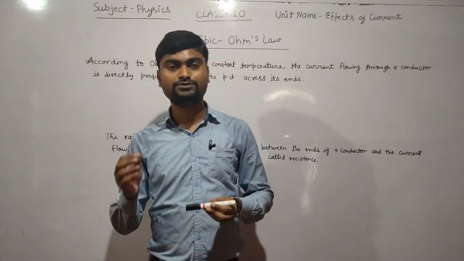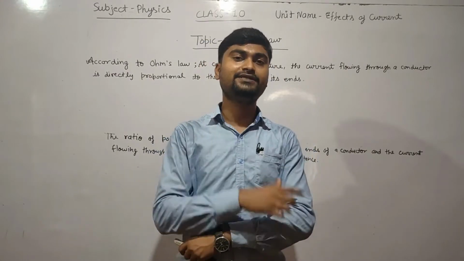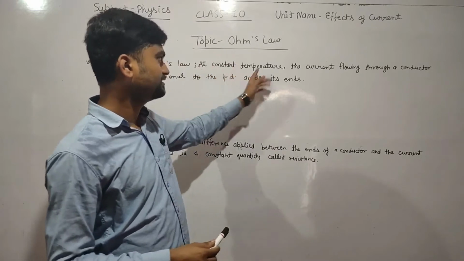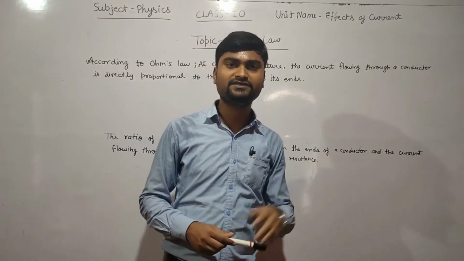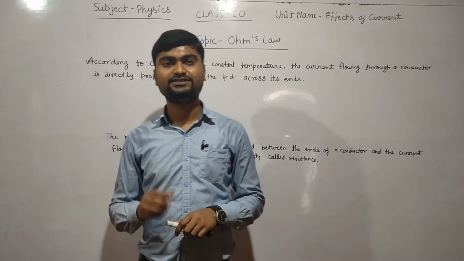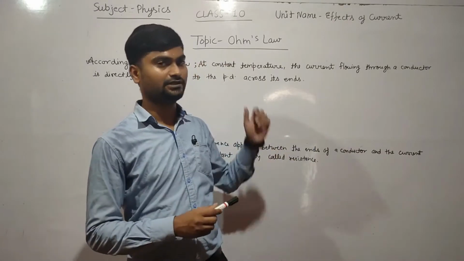According to Ohm's law, at constant temperature, this term is very important. You must write "at constant temperature" at the beginning or at the end of the sentence, because the resistance of the conductor depends on the temperature also.